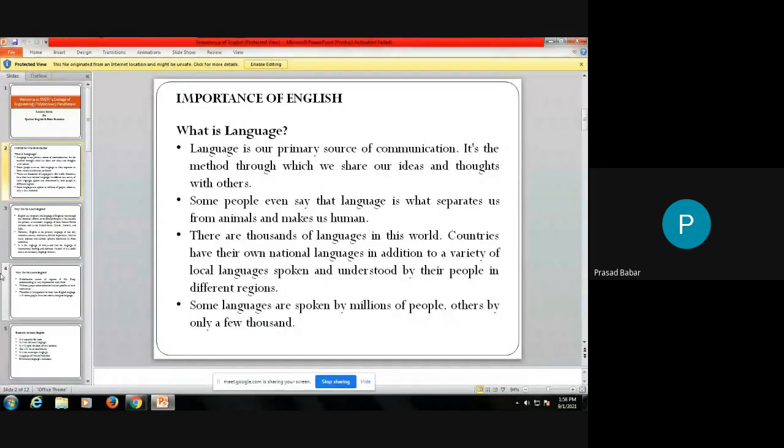There are thousands of languages in the world. Countries have their own national languages. In India itself we have 29 states and other union territories.